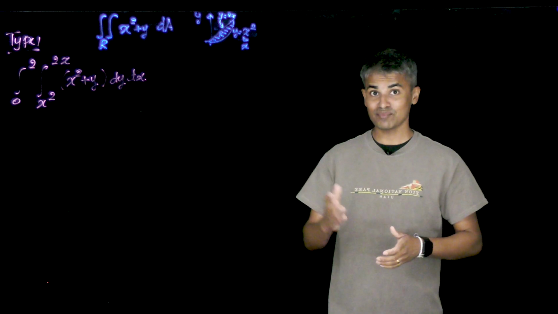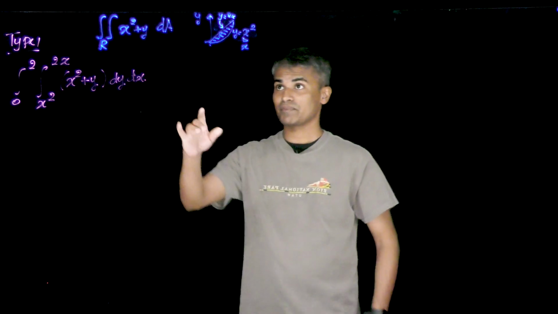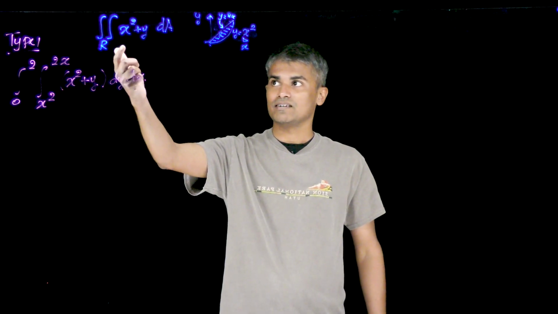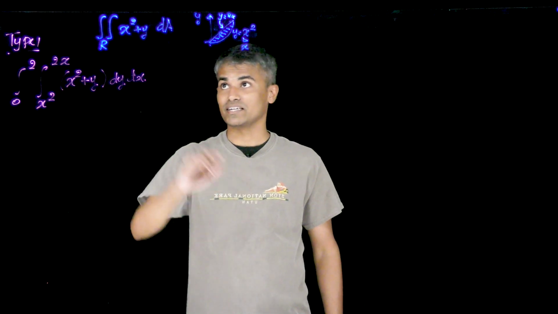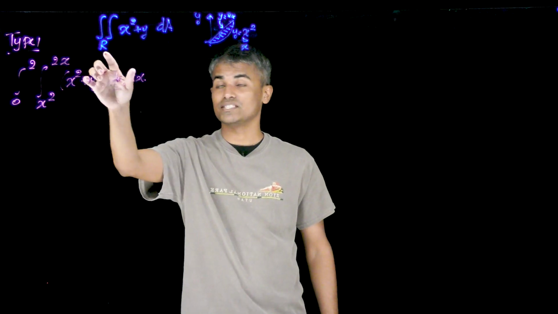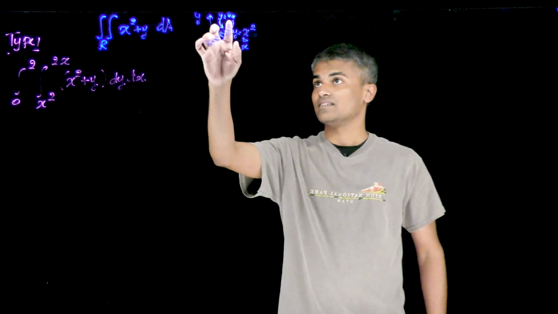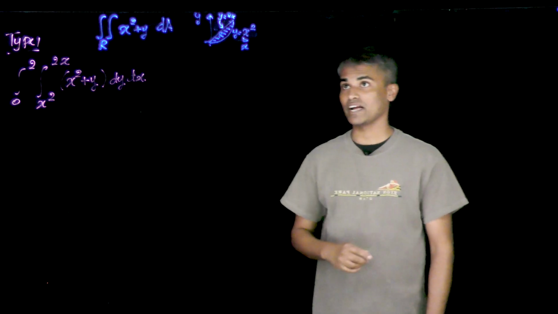Now, welcome back to the second part of the video. Previously we started to solve this double integral of x squared plus y over the region R, which is bounded by the line y equals 2x and the parabola y equals x squared.